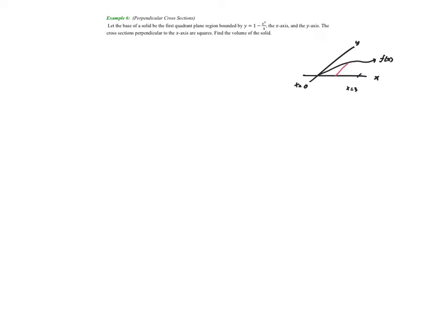So for example, it would potentially look like this. Here's an isosceles right triangle, and here's another isosceles right triangle, and so on and so forth. Right, and as you go closer here to the y-axis, you can see that these triangles are becoming smaller.